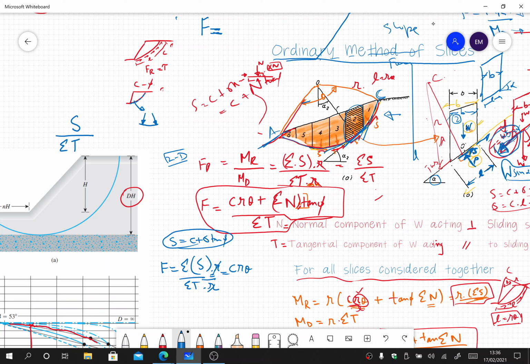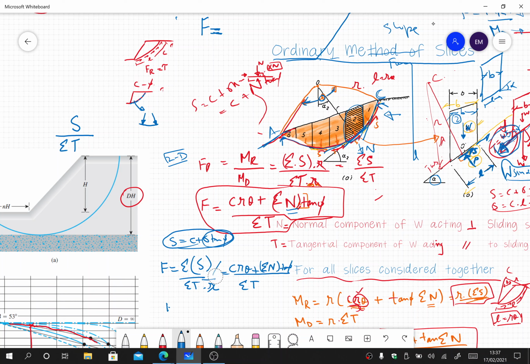So if theta is the arc length from start of the circle to the end of the circle, this will be the constant value, this is for the whole circle, and I can say that the summation of it should be sigma n into tan of phi over sigma T, because we know that sigma n, the normal stress, is equal to the normal force that is acting, and we saw that the weight component that is acting perpendicular is N, so that's why we have a sigma n here.